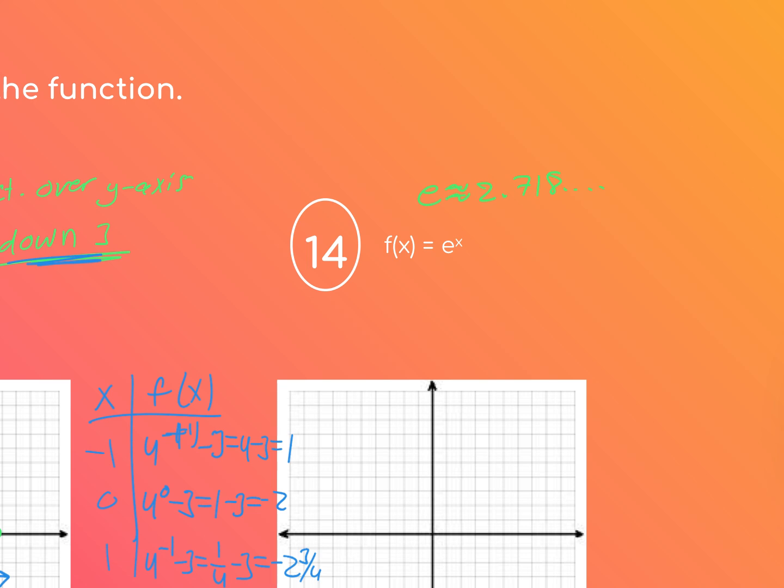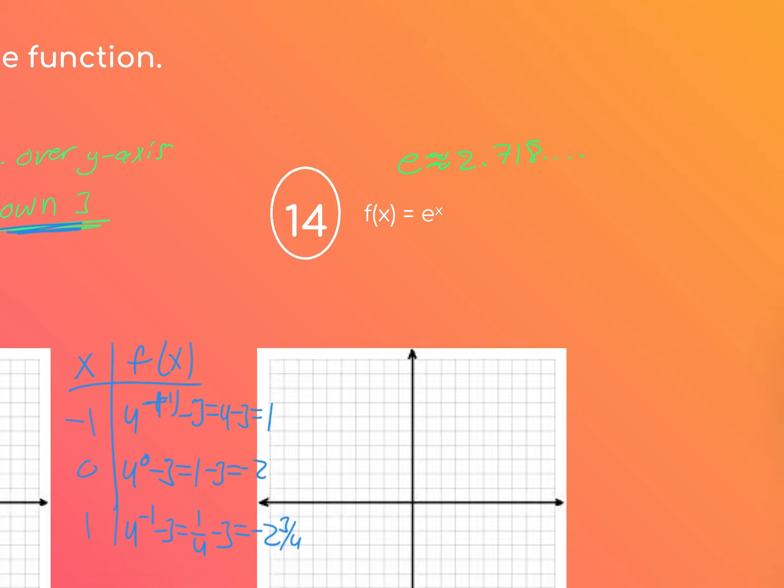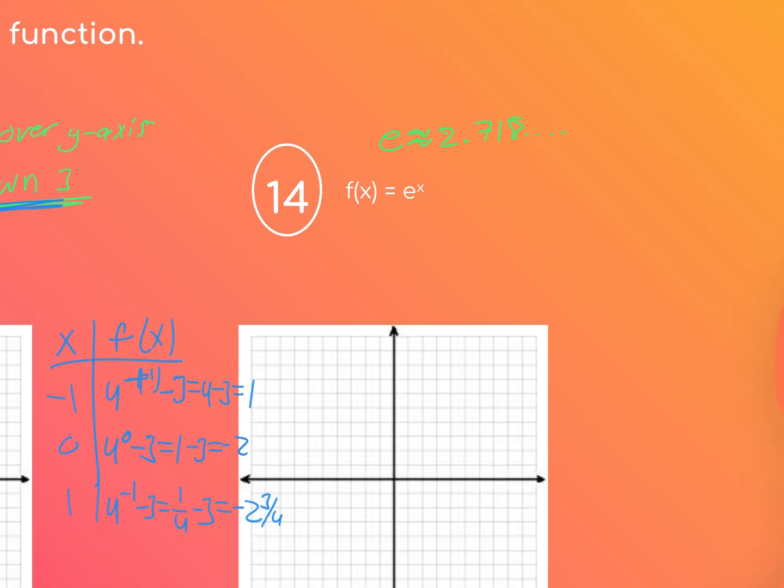Seems like it makes no sense, seems like it has no reason to exist. I'll explain more about it in a later section. Hopefully then the existence of this number makes a little bit more sense. But this is just a regular exponential function. 2.718 and so on is bigger than 1, so I know it's going to be a growth.